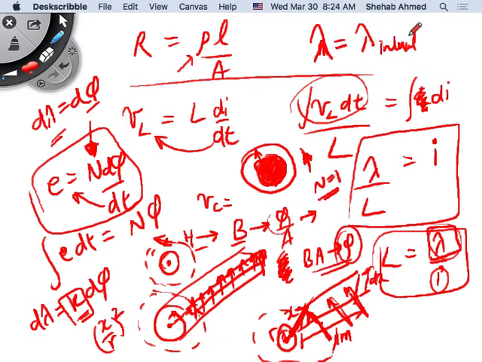So we calculated lambda internal plus lambda external, right? And then after you have lambda, you finish. You divide it by the current in that specific conductor, and you will get the inductance, right?